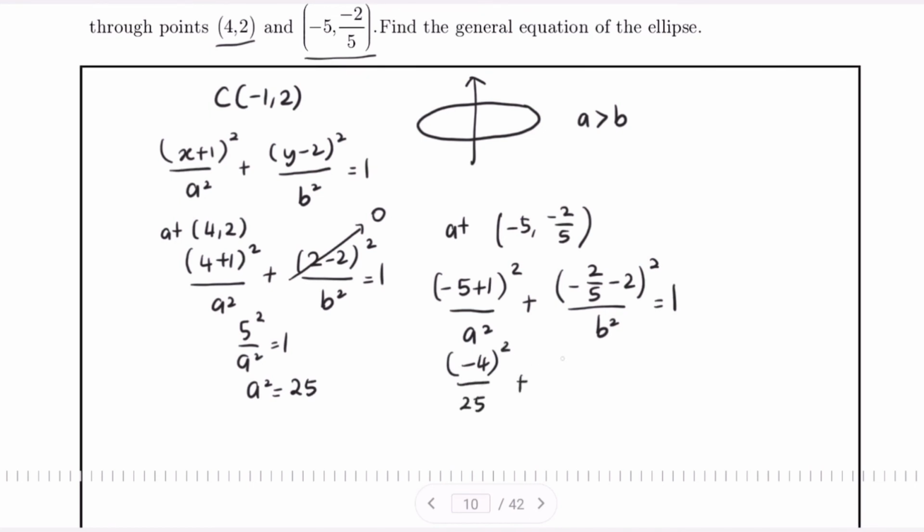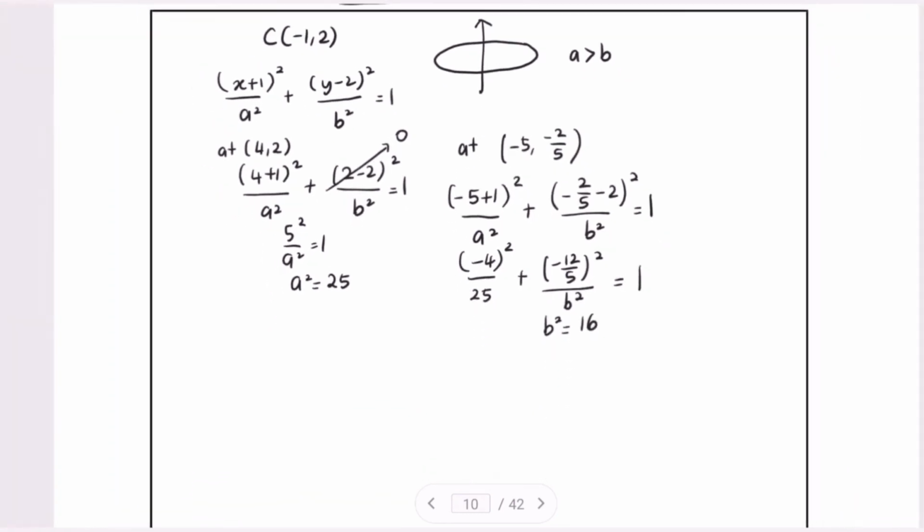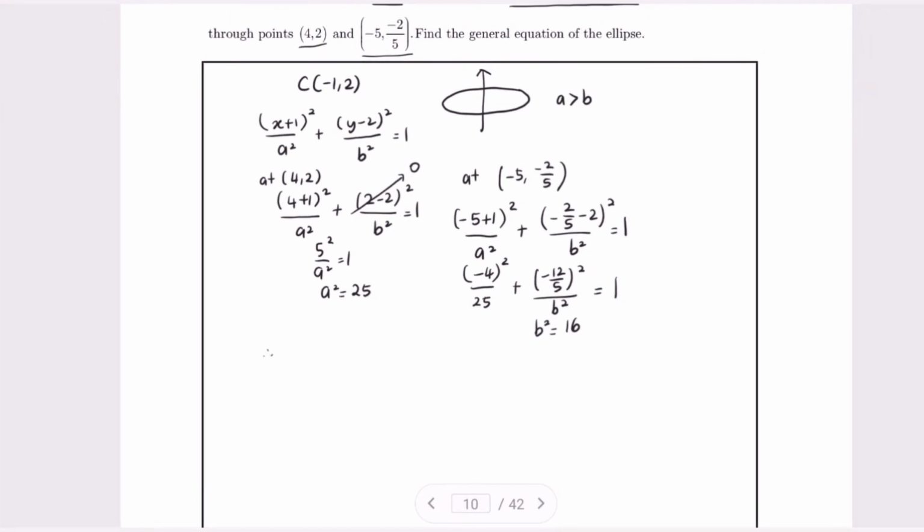And the other term is negative 2 over 5 minus 2, which is negative 12 over 5, squared over B squared equals 1. When you solve this equation, you get B squared equals 16. So we can substitute into the formula to get x plus 1 squared over 25 plus y minus 2 squared over 16 equals 1.